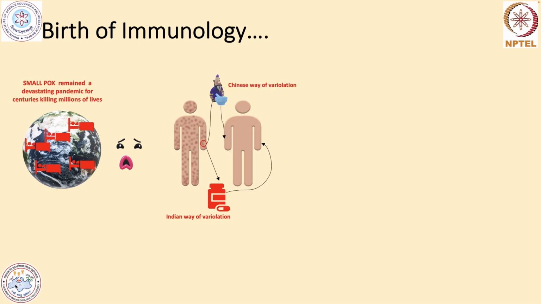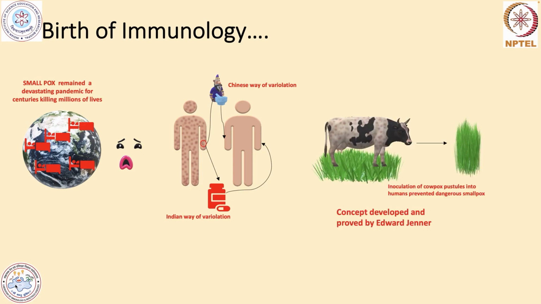There was an Indian way and a Chinese way, as I have explained, and finally smallpox was eradicated by the work of Edward Jenner using cowpox, which in modern times we call the vaccinia virus. So this is all about the first part of history.